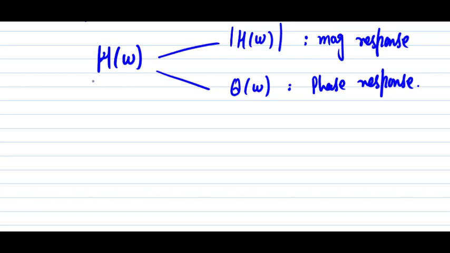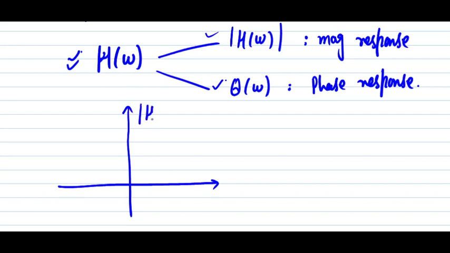We can also graphically represent this H of omega. Since it has two parts, we will plot two parts. The first part will be the magnitude response. On the y-axis it will be mod H of omega, and the x-axis will be omega, which is frequency. We know that for a discrete-time signal, the maximum frequency is pi and the minimum frequency is 0.